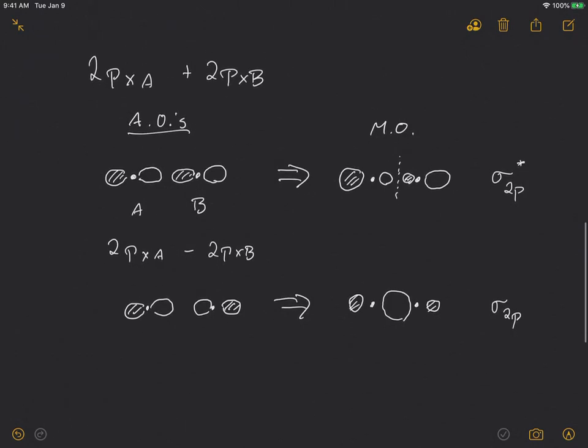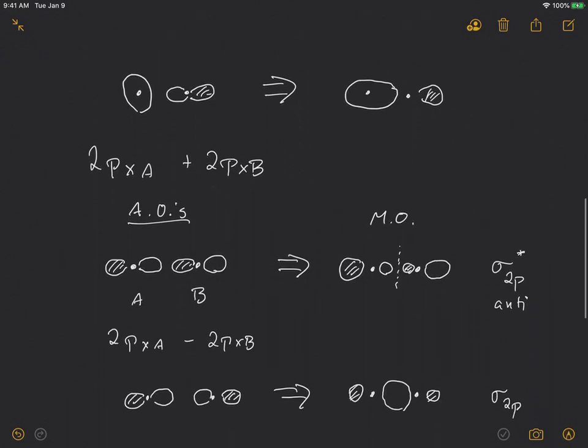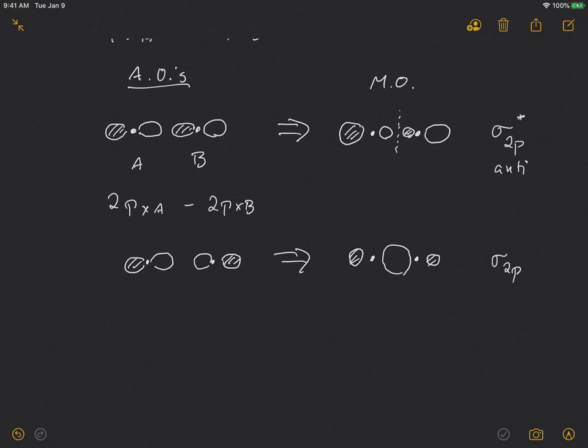So if there's a star, it's antibonding. Again, back up to this one. This is an antibonding orbital. Antibonding orbitals typically have a nodal plane, like in the case of this one, that is perpendicular to the internuclear axis and that resides somewhere between the two nuclei, typically near the middle.